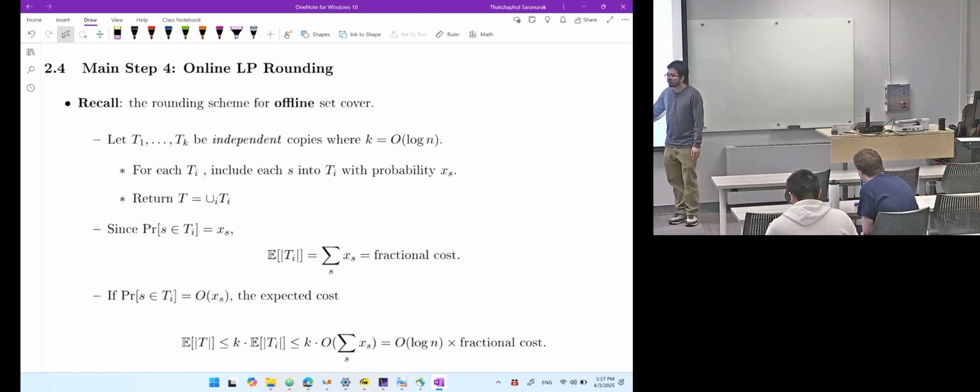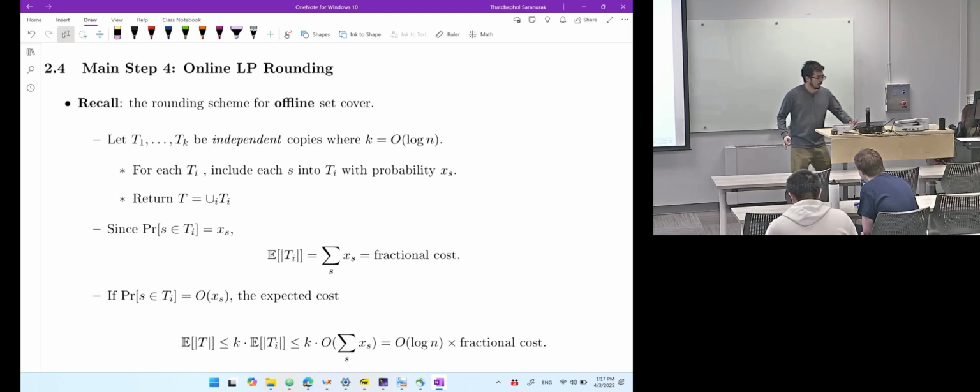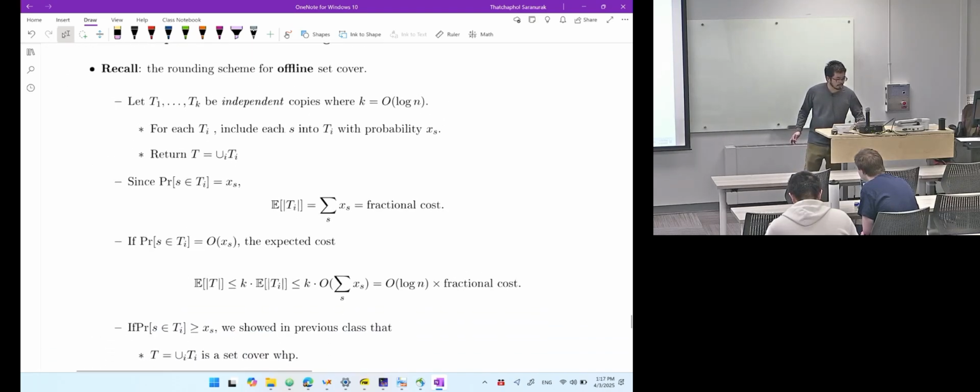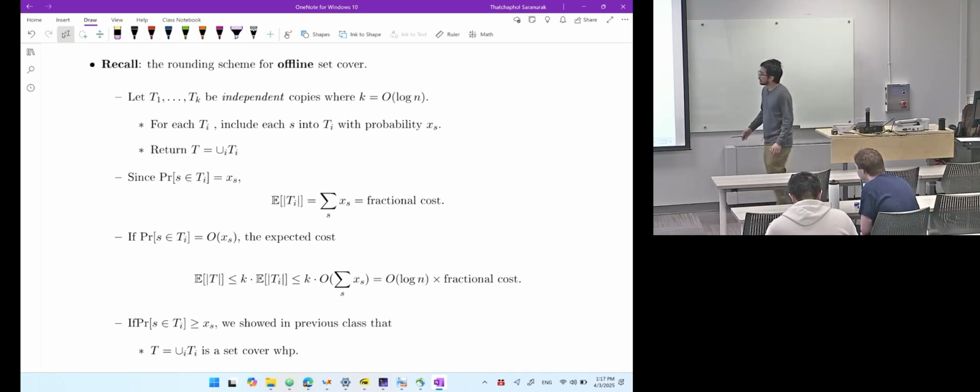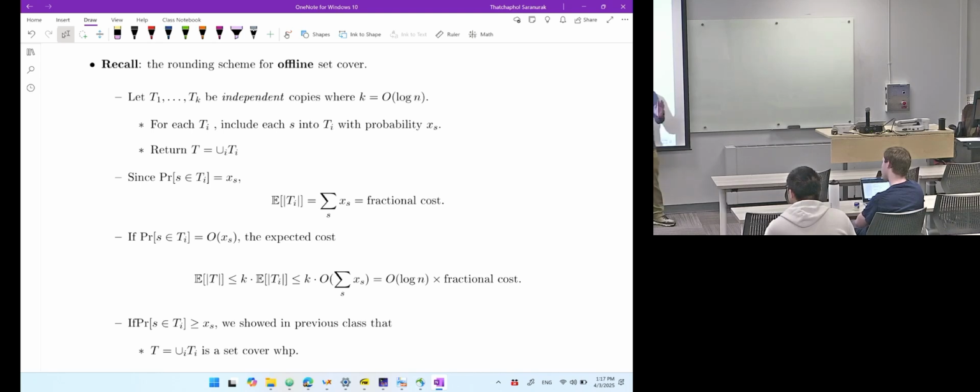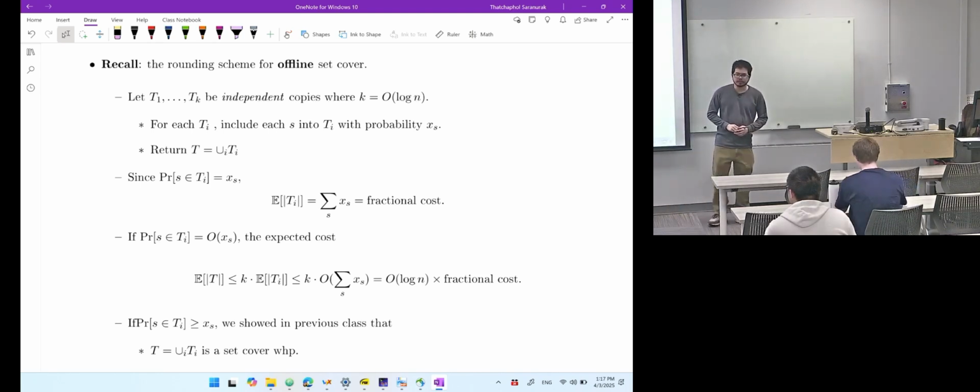We also showed that each Ti might not be a set cover, but once you union log n many Ti's, the union is a set cover with high probability. That was our algorithm.